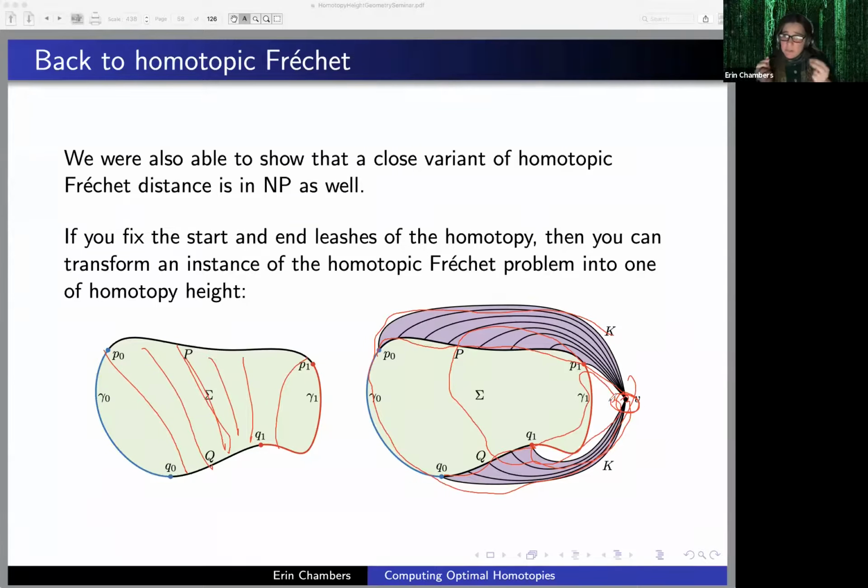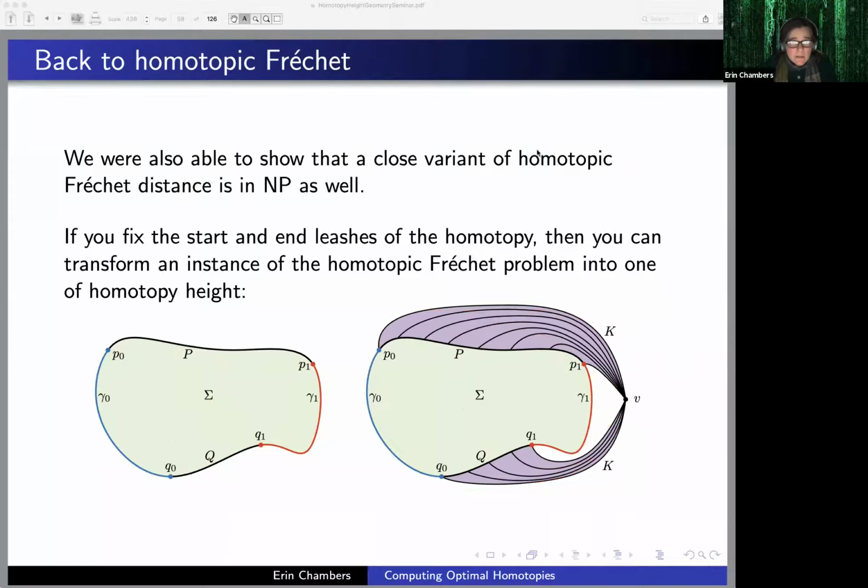Right, so you can actually reduce the homotopic Fréchet to a sort of a variant of homotopy height. These are surprisingly connected, and there's a nice approximation algorithm that came out a few years before our work that exploits this connection to show a log n approximation for both of them, but not an exact algorithm. We still don't know that.